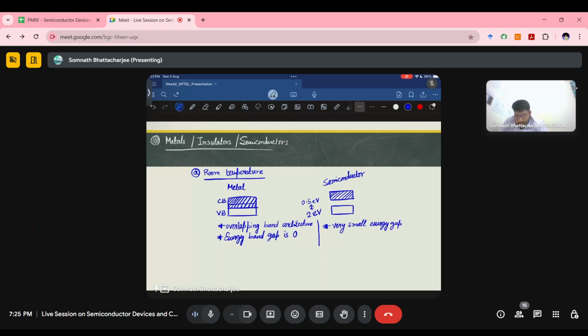Whereas the last one is, if there is a very large gap between these two structures, this is called an insulator. This gap is more than 2 electron volts. So this is called an insulator.